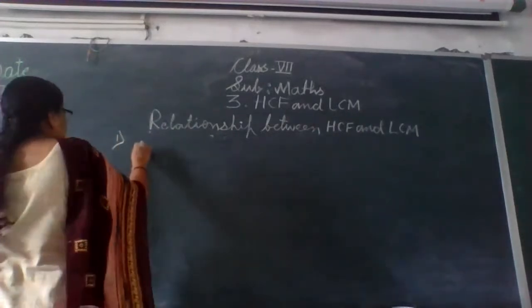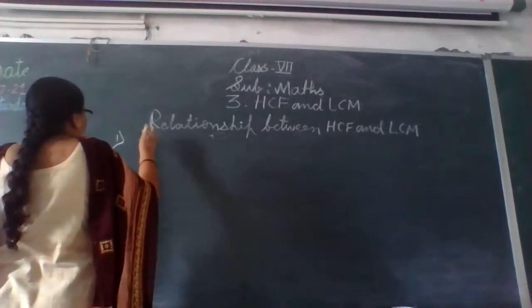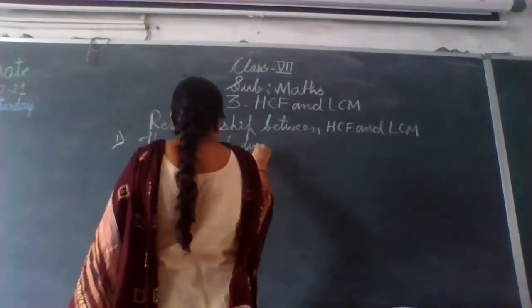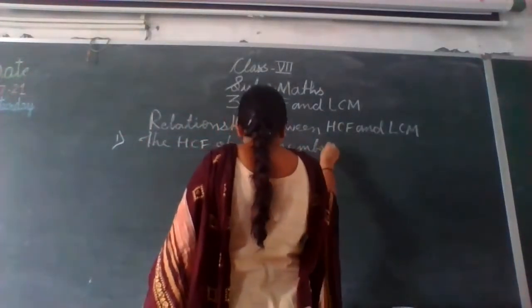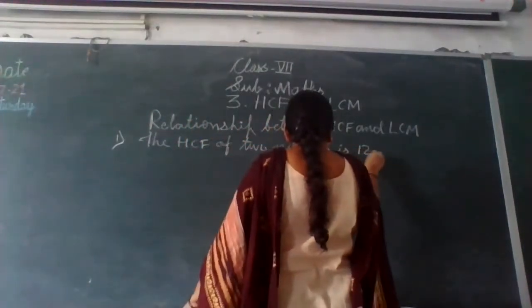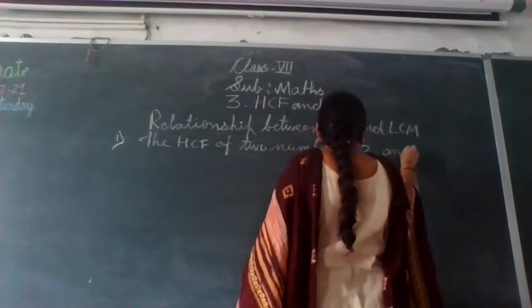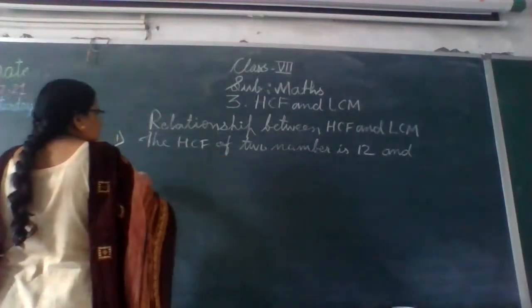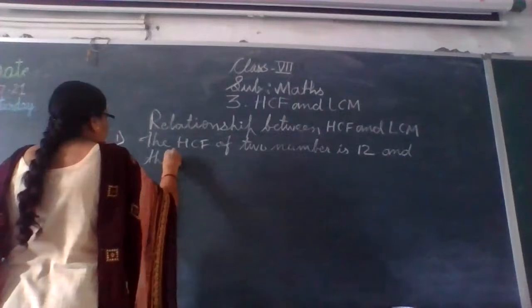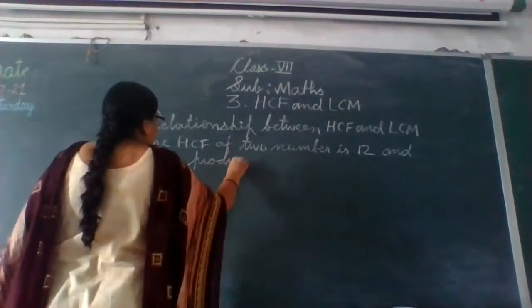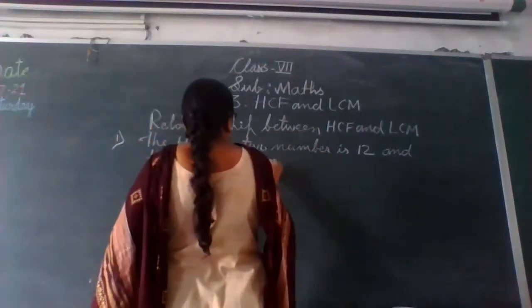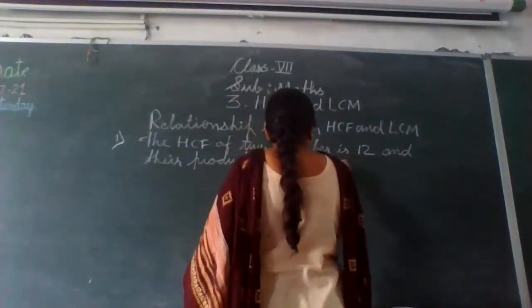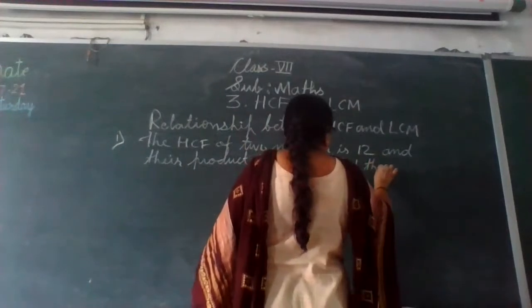Here the HCF of two numbers is 12, and their product means the product of the given two numbers is 2160. Find the LCM.